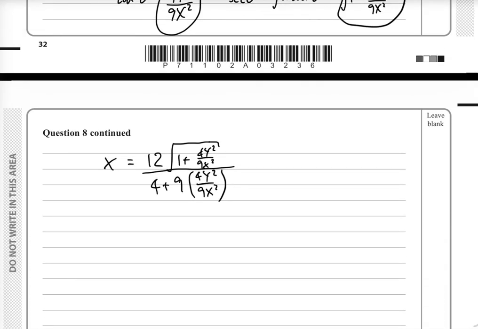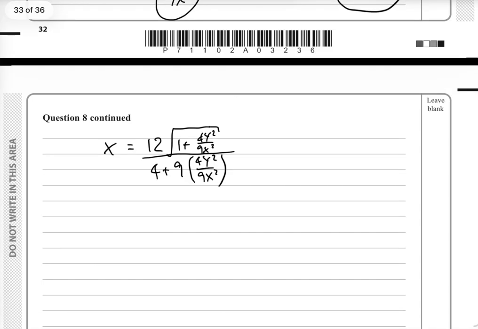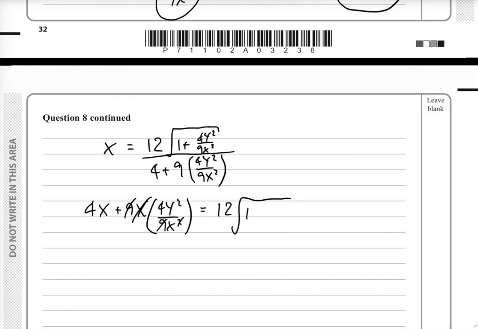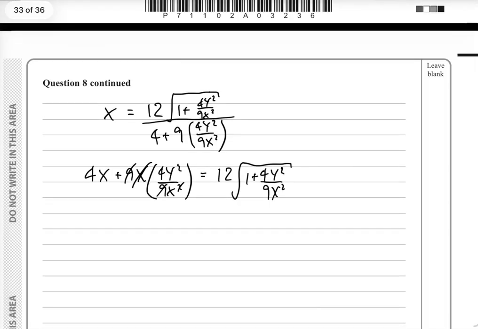The only thing left to do is to make it look like they want it to look like. So I'll take the denominator up on the left, and that gives us a 4x plus 9x, lots of 4y squared over 9x squared, so that cancels, and that with one of those. 12 root 1 plus 4y squared over 9x squared, times everything by x to get rid of that fraction.